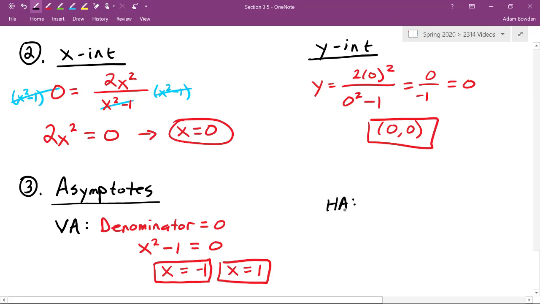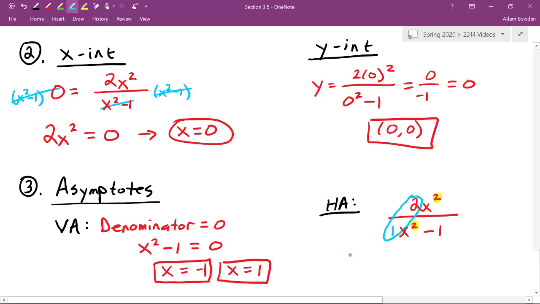Now for horizontal asymptotes, I'm going to use the shortcut way to work on that part. Basically, in this case, since the powers of x on top and bottom are identical, what I'm going to do is just divide the leading coefficients. So divide 2 by 1.